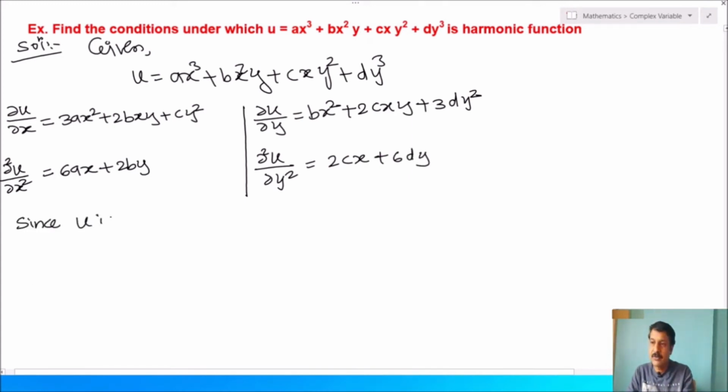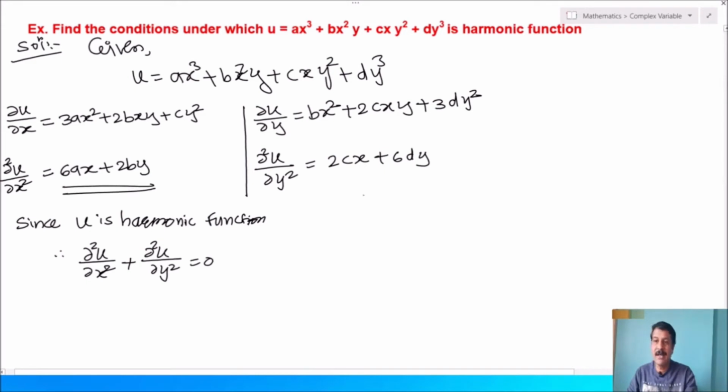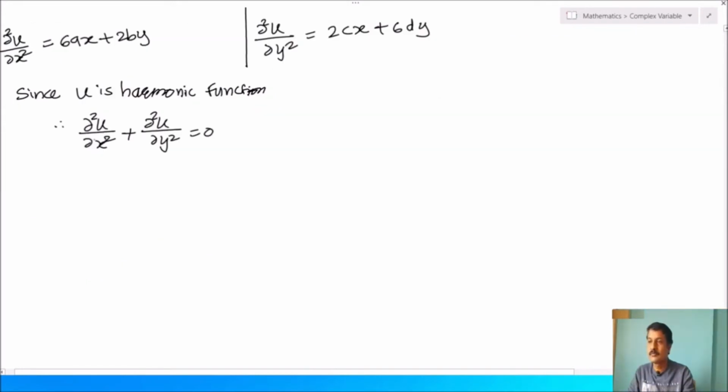Since u is harmonic function, therefore it satisfies del square u by del x square plus del square u by del y square equal to 0. So substitute these values in this equation. So therefore 6ax plus 2by plus 2cx plus 6dy equal to 0.